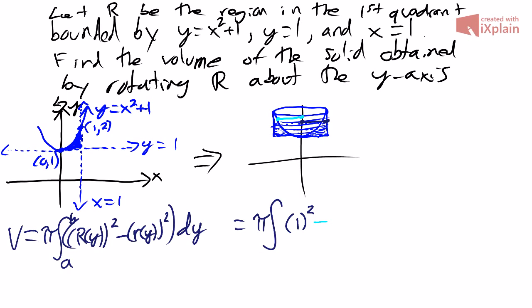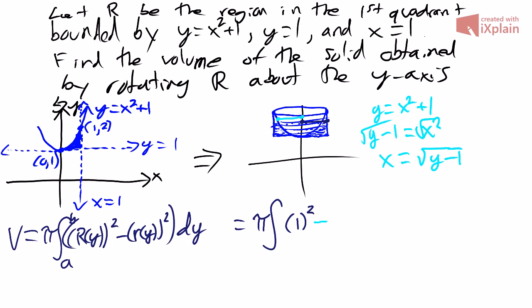That inside curve we know is y equals x squared plus 1. We want a function of y, and right now this is a function of x. So we need to solve for x. We have y minus 1 equals x squared. Now we square root both sides, and we get that x is equal to the square root of y minus 1. So this formula is going to give us the length of our inner radius, the smaller radius.